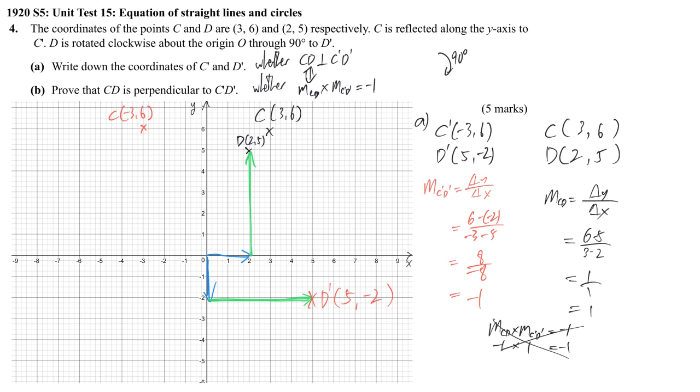It is wrong logic. You should say consider slope C prime D prime times slope CD is equal to -1 times 1, which is equal to -1. Therefore, since the product is -1, you can draw the conclusion that CD is perpendicular to C prime D prime.